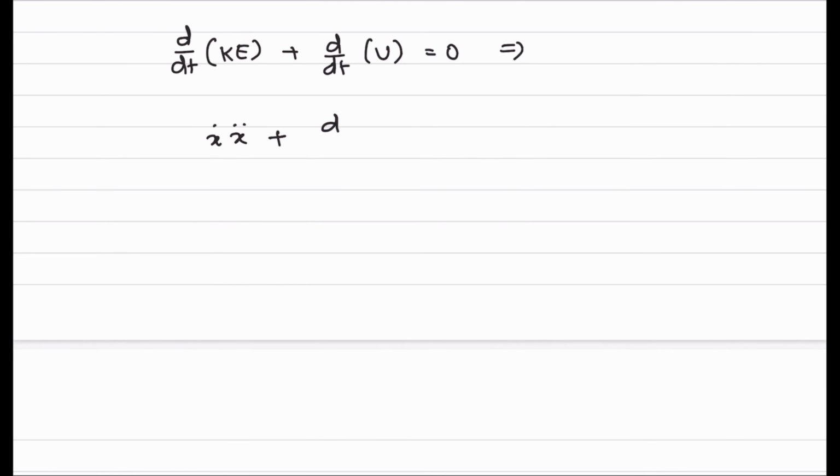Can we write it like this? d by dx of potential energy into dx by dt, because d by dt of anything, let us say p, is equal to dp by dx into dx by dt.